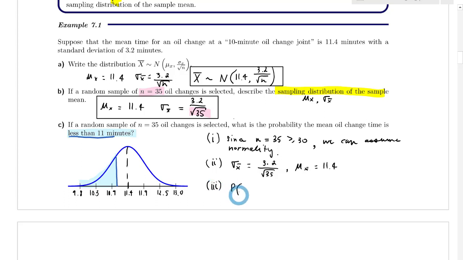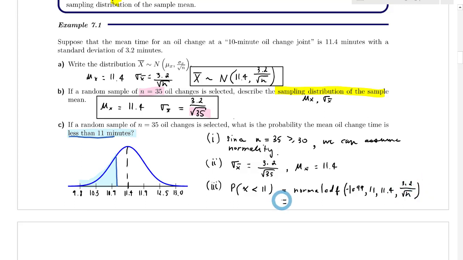So if I took a random sample of 35, the probability that the mean oil change time is less than 11 minutes is going to be equal to normal CDF. Left endpoint, which is all the way to the left, so negative 1 E99, comma, all the way up to 11, comma, the mean, which is 11.4, and the standard deviation with respect to the random variable, 3.2 over the square root of n.